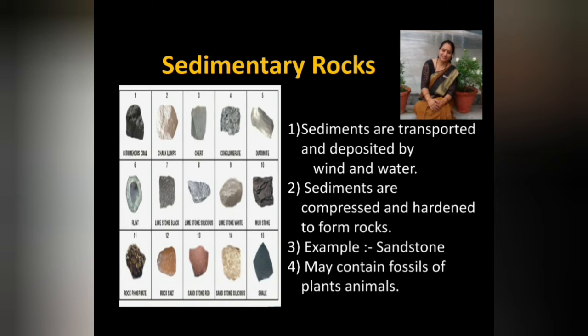For example, sandstone, which is made from grains of sand. These rocks may contain the fossils of plants, animals and other microorganisms that once lived on them.